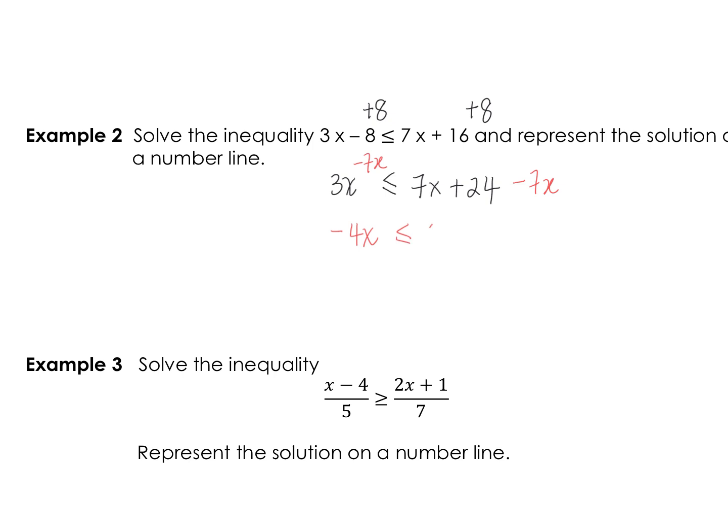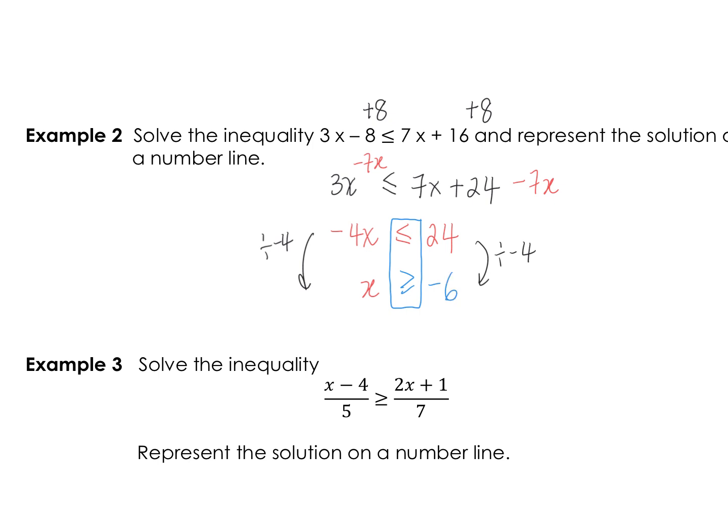Okay, so now here's the part. When you reach this phase and you want to get x, what do you do on both sides? Divide by negative 4. So when you divide by negative 4, that is where your sign changes direction. So this is the part that you cannot miss out. The rest is just normal calculation.